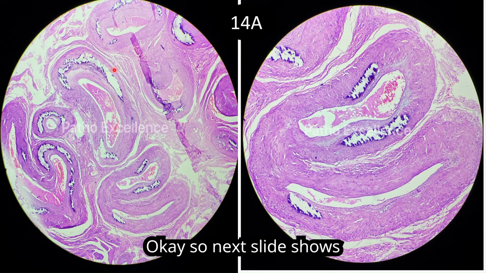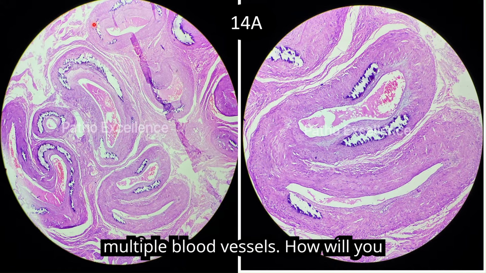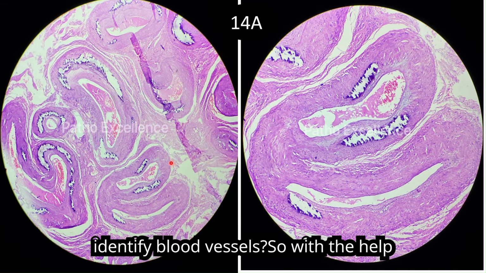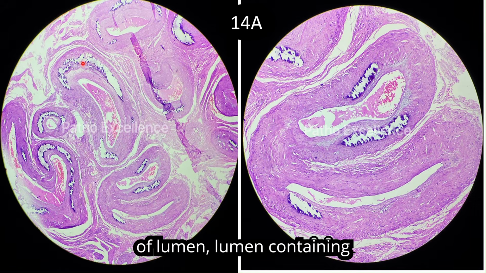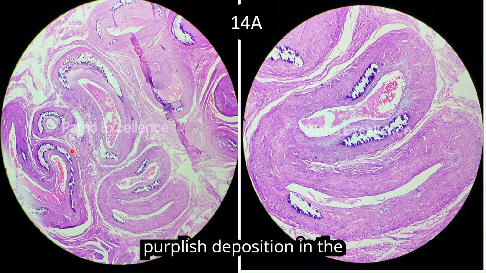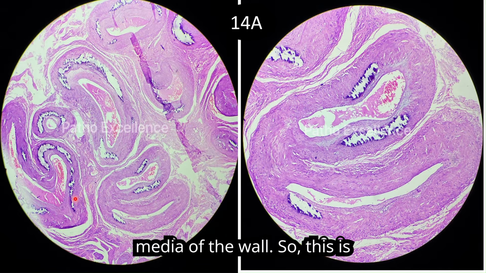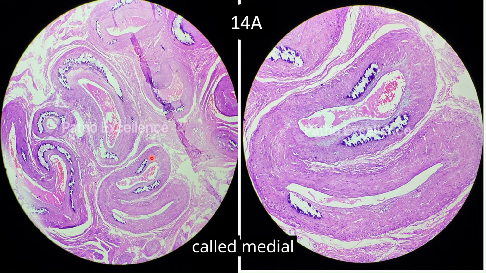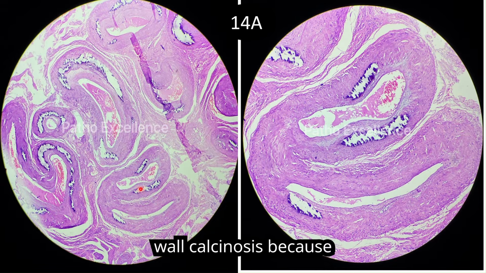Okay. So next slide shows multiple blood vessels. How will you identify blood vessels? With the help of lumen containing RBCs, and here abnormality is this purplish deposition in the media of the wall. So this is called medial wall calcinosis because of calcification in the media of the artery.